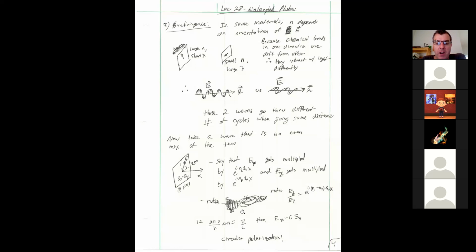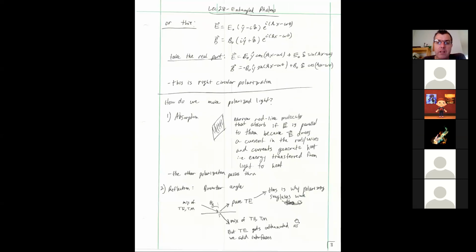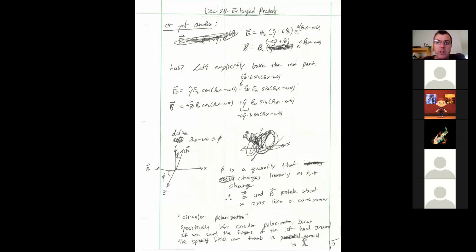And if I play my cards right, if I pick the right thickness for this, then I could get it so that after traveling a millimeter through a material, one of these polarizations has gone through an extra quarter cycle of oscillation, which means that the ratio of the z component to the y component is i. And that is how we get the circular polarization shown here. Any questions?